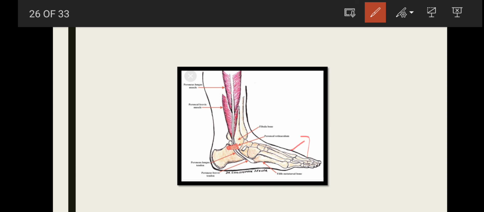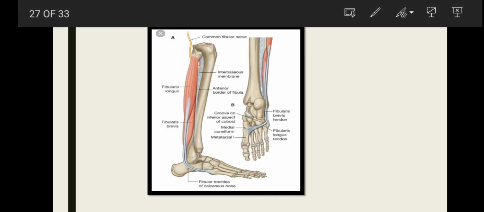The other one, brevis, lies till here. See this picture, it is clear. Peroneus is also termed as fibularis, as it is in the lateral side: fibularis longus, fibularis brevis, or peroneus longus, peroneus brevis. Peroneus brevis inserts here, at the fifth metatarsal bone base.